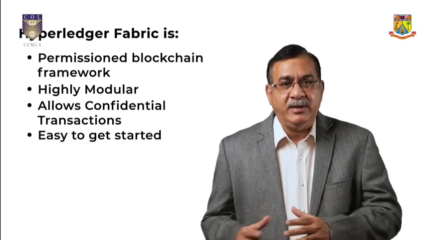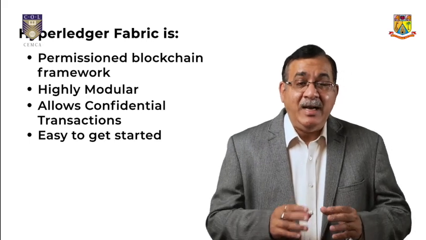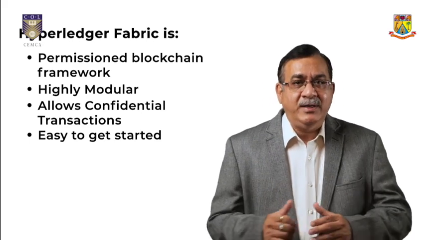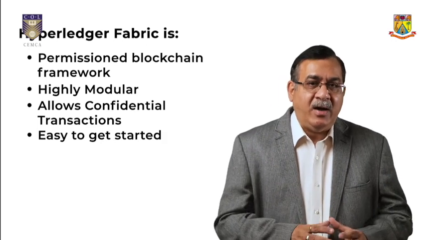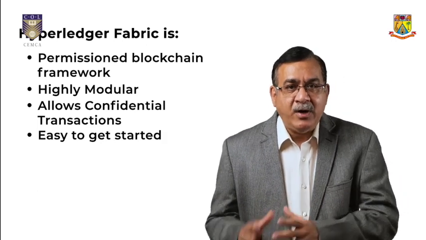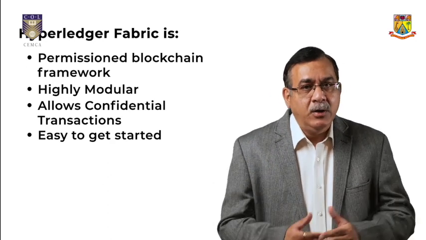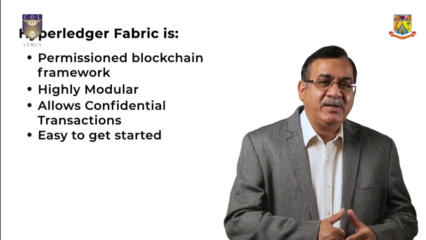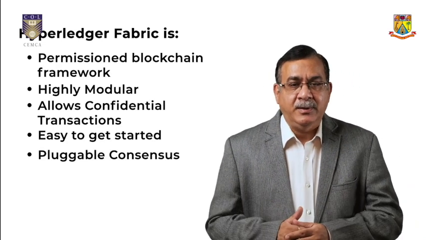Easy to get started. You can program smart contracts in the languages your team works in today, instead of learning custom languages and architectures. Smart contracts can be developed in any of Java, Go, Python, JavaScript, etc. Pluggable consensus.